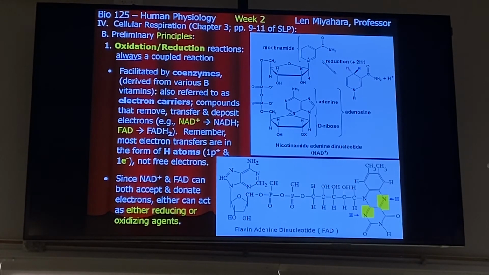This is the high energy reduced form, because it gained the electrons.